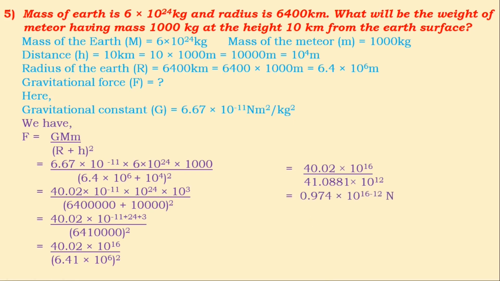When we divide, we will get this number 0.974, and 10 to the power 12 if taken to numerator, then it becomes negative, and 16 minus 12. 10 to the power 4 means 1 having 4 zeros, it means 10,000. When 0.974 is multiplied with 10,000, then we'll get the real number. This is the gravitational force between meteor and the earth.